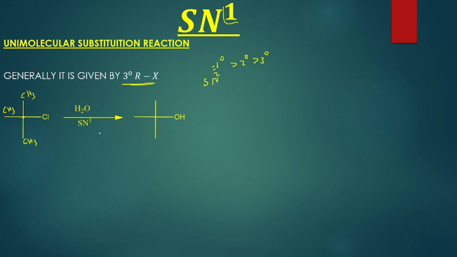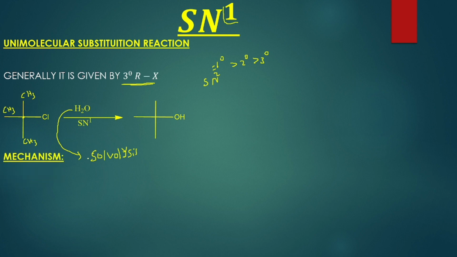Tell me, in any reaction, if water acts as a nucleophile, what is that reaction called? That reaction is called solvolysis. In any reaction, if the solvent acts as a nucleophile, then it is called solvolysis. So here Cl is replaced by the OH group.